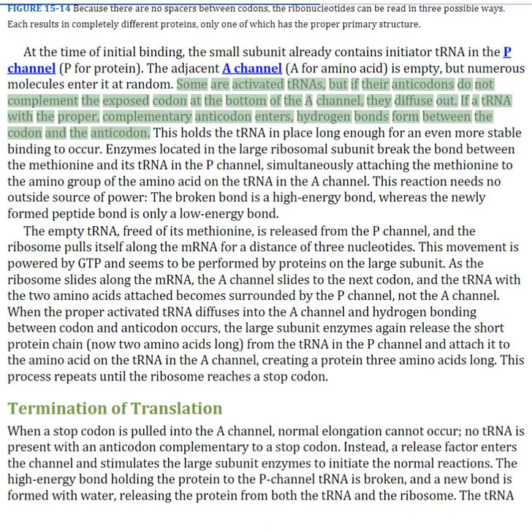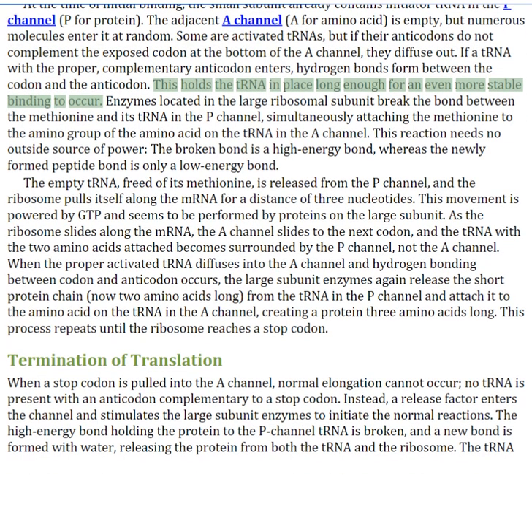Some are activated tRNAs, but if their anticodons do not complement the exposed codon at the bottom of the A channel, they diffuse out. If a tRNA with the proper, complementary anticodon enters, hydrogen bonds form between the codon and the anticodon. This holds the tRNA in place long enough for an even more stable binding to occur.